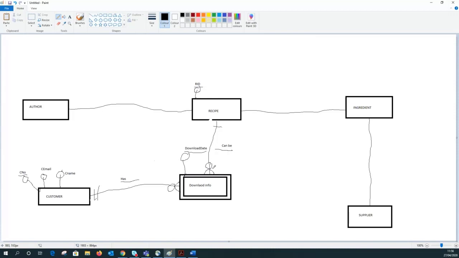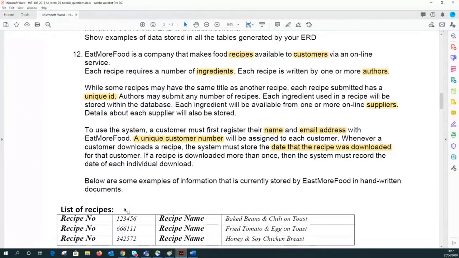But if that particular recipe is involved in a download, that information must link with one particular recipe, so mandatory on that other side. So we have completed this. Now let's go back, so I think this paragraph we already did.